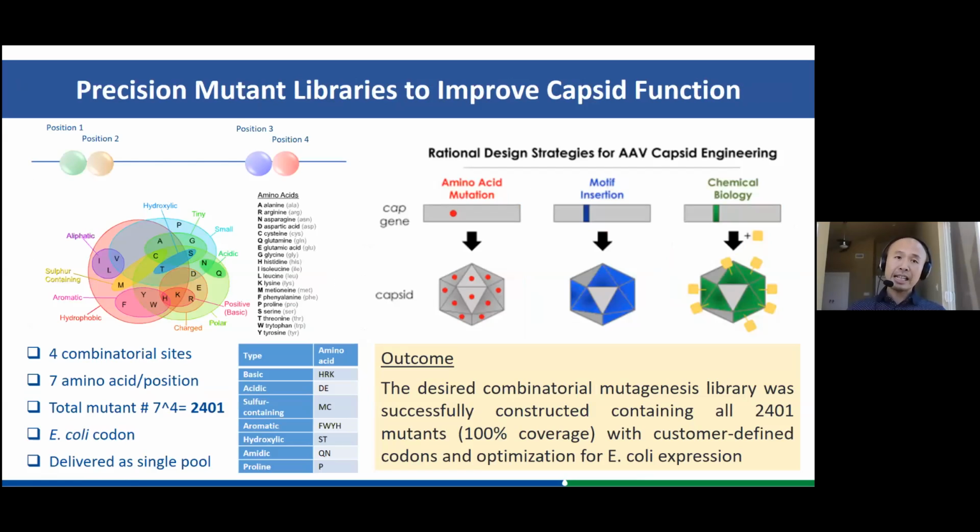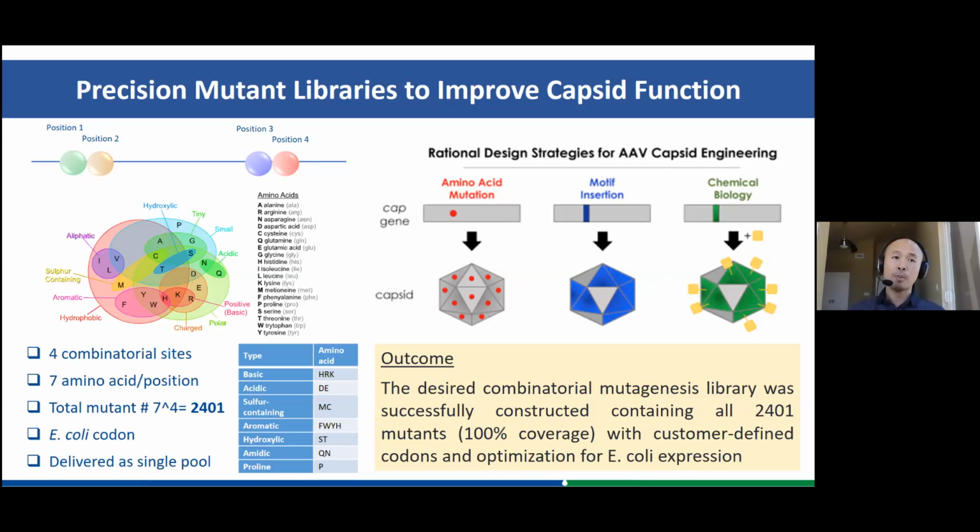And this is the second case study, where the customer wants to improve the function of a capsid protein. There are 4 positions that the customer wants to target specifically, and they have 7 specific amino acids that they would like to use as well. But they want to mutate all 4 of these positions simultaneously.